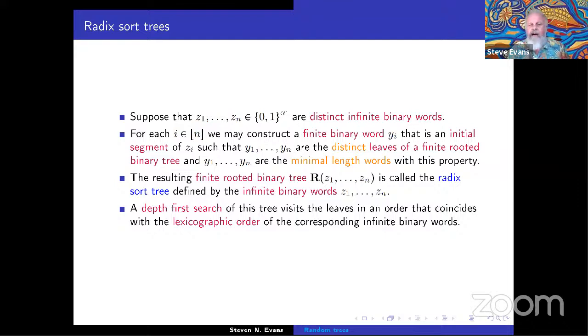And so that resulting finite rooted binary tree we'll call the radix sort tree for the infinite binary words that we started with. And the depth first search of this tree visits the leaves in an order that coincides with the lexicographic order of the corresponding infinite binary words.